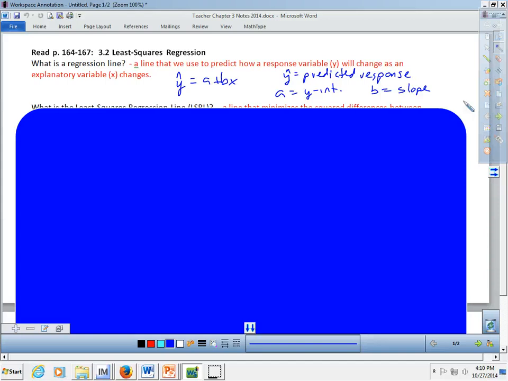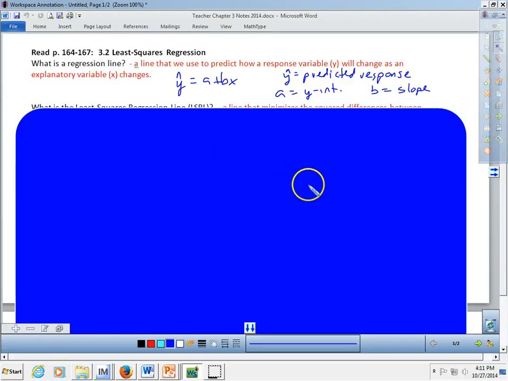But that's the form of a regression line: y hat equals a plus bx. Now, you always want to add in context here. And so we would want to fill in y and x in the actual terms of a problem. And I'll show you what I mean in just a few minutes. But that's the form it's going to take. And it should look familiar and not too crazy for you. Again, a is our y-intercept and b is our slope.